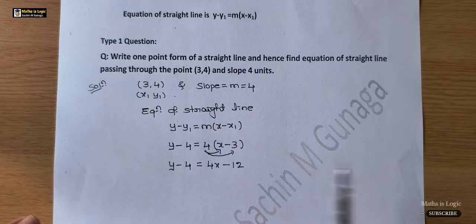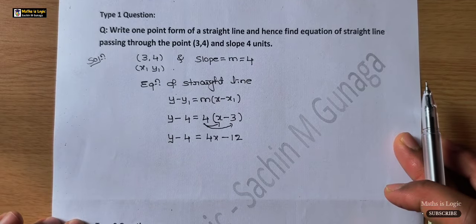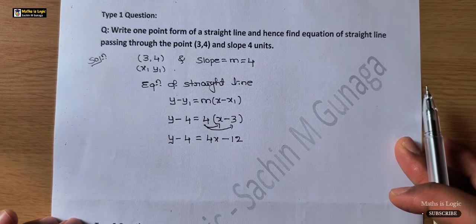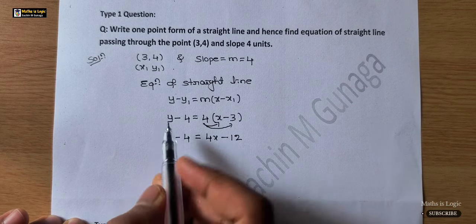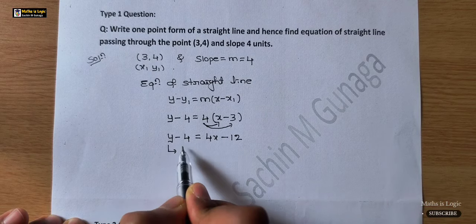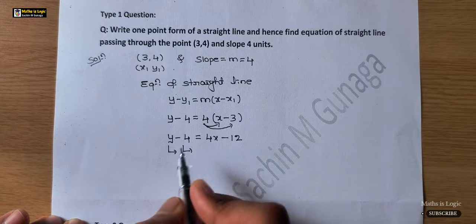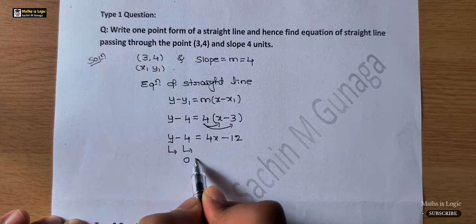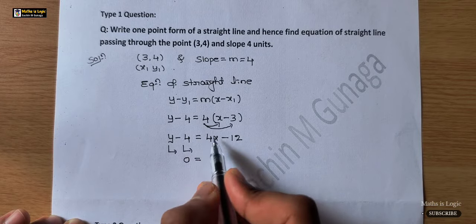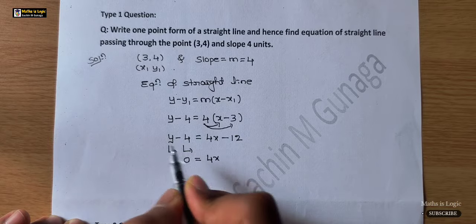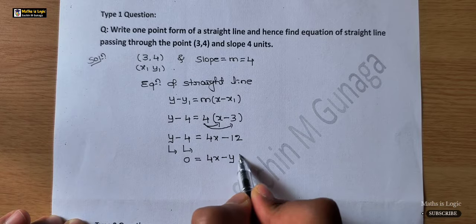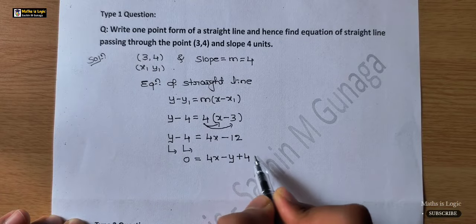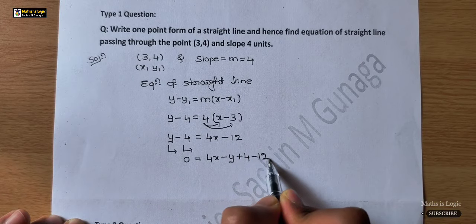After opening the bracket, next see whether x has a positive sign or negative sign. So here x is already positive. Because of that, shift plus y and minus 4 to the right hand side. So at that time, 0 equals 4x, plus y becomes minus y, minus 4 becomes plus 4, and minus 12, keep it as it is.